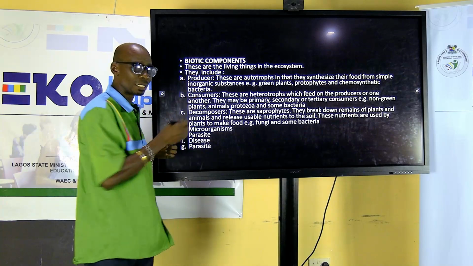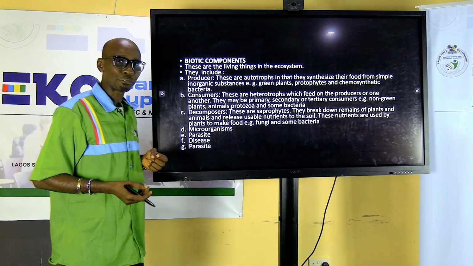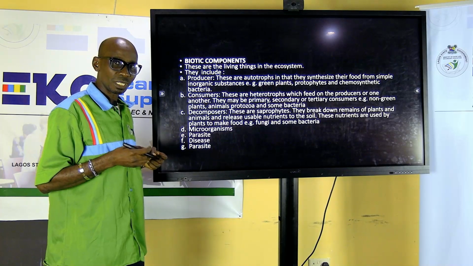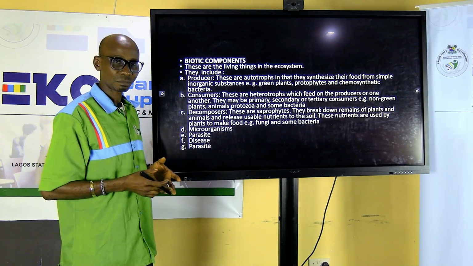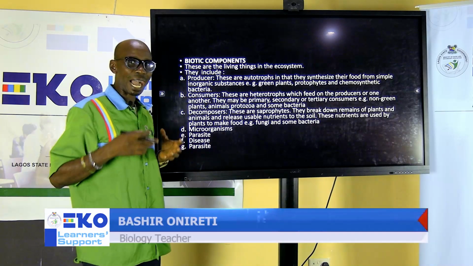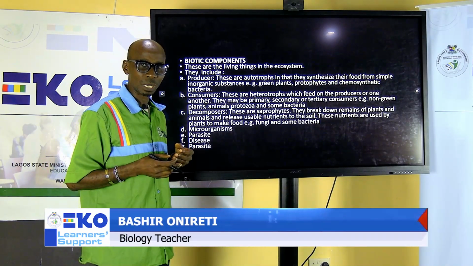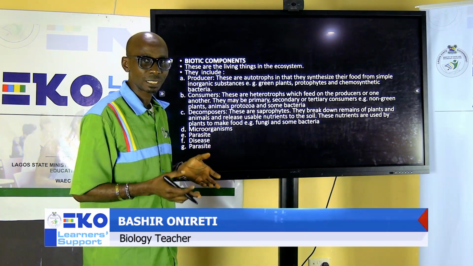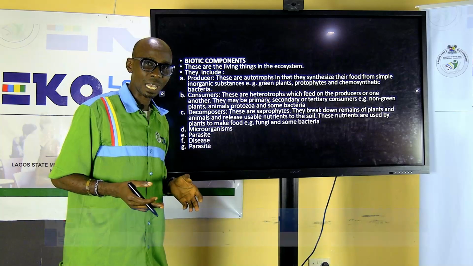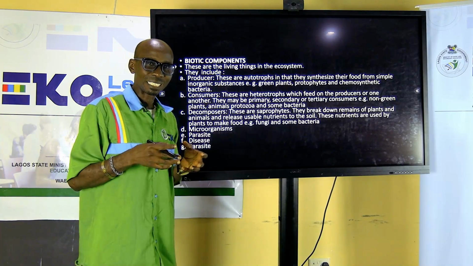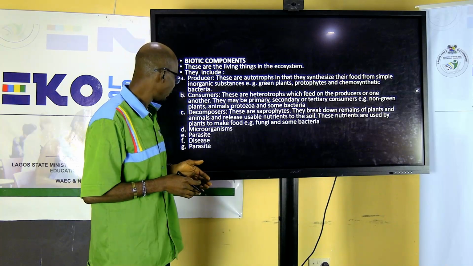We have the producers that produce food in the environment. We have the consumers that feed on the producers. The producers are plants. The consumers are animals. And we have some plants that we can refer to as consumers, like insectivorous plants that feed on insects. Then we have decomposers, like bacteria and fungi, that help to break down the dead remains of living organisms.